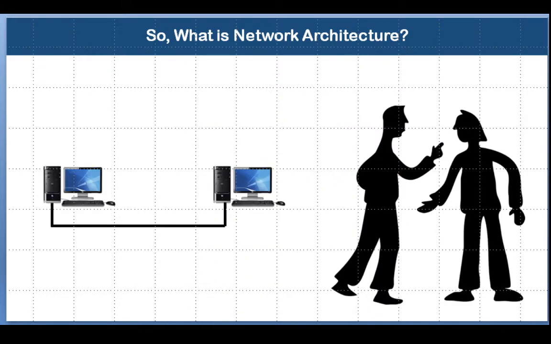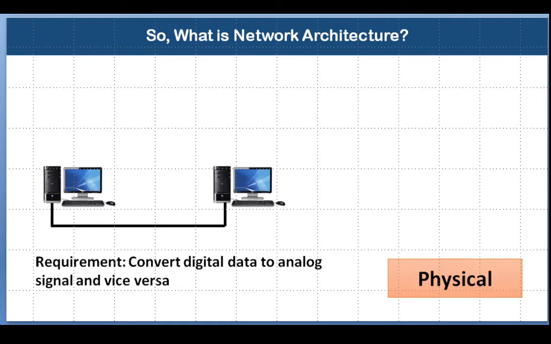Look at this diagram. Only two nodes are connected to each other via wire. So only one cable, one physical link, is required to connect the two nodes, through which we can communicate both ways. Okay, so there is only one medium. That medium is a physical medium. And we know that computers only understand zeros and ones.